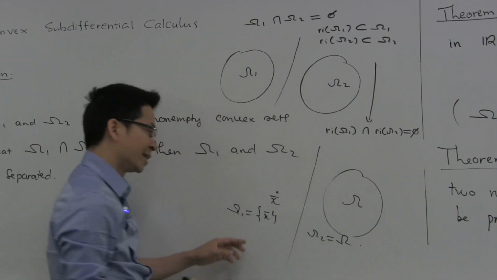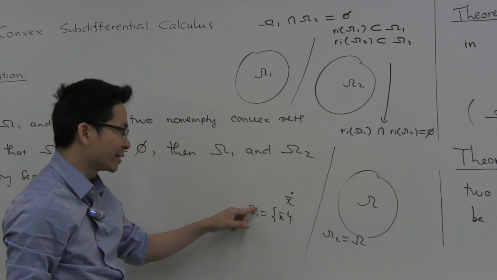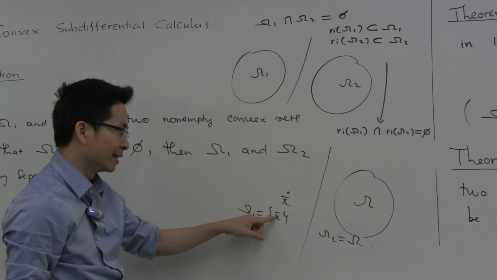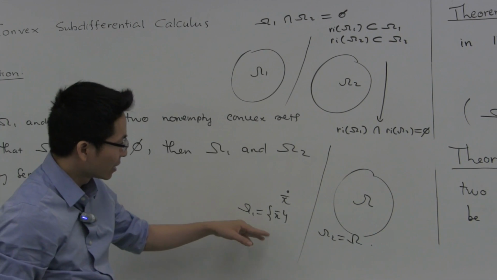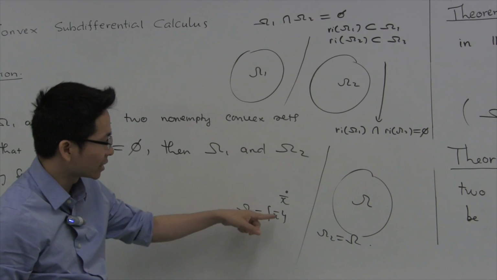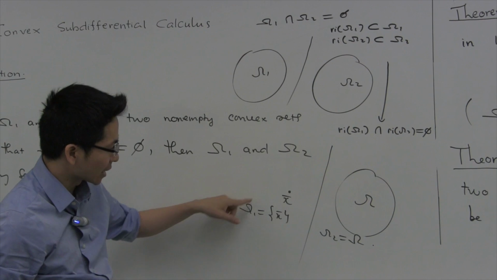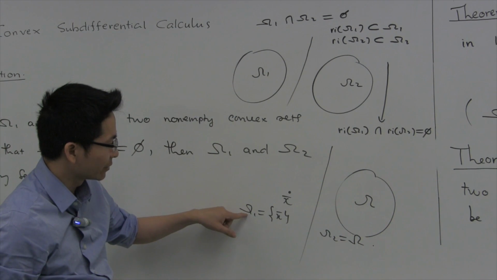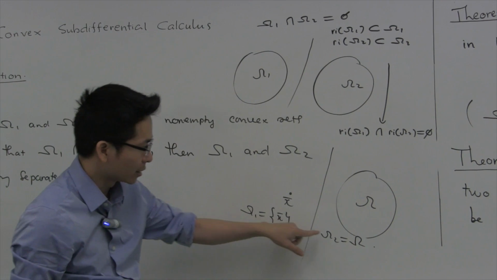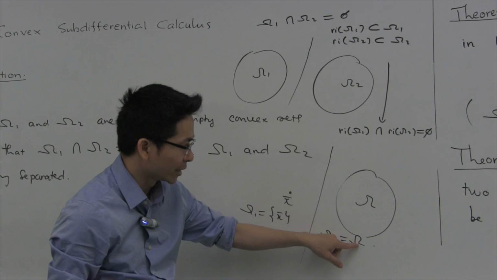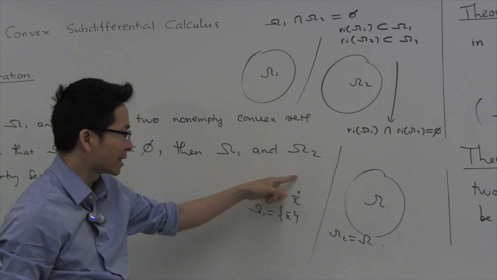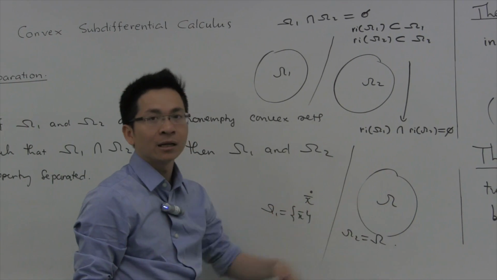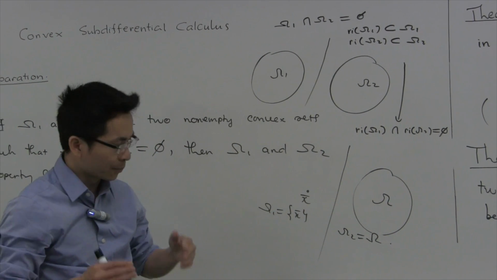In this situation, the relative interior of omega 1 is x bar, and therefore the intersection of the relative interior of omega 1 and the relative interior of omega 2 is equal to the empty set. Therefore, you can separate x bar and omega by a hyperplane.